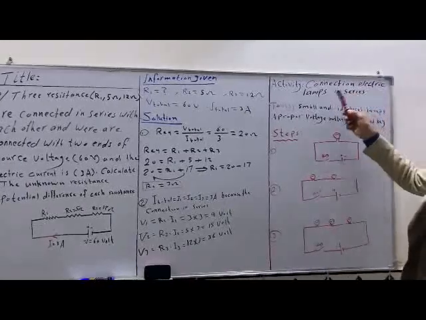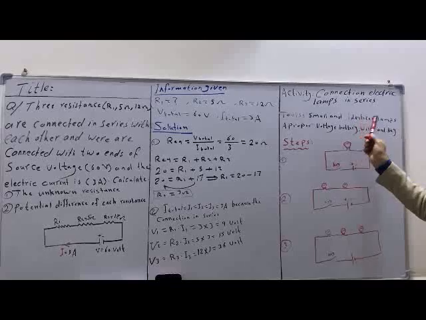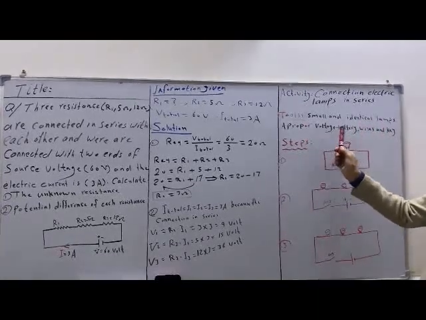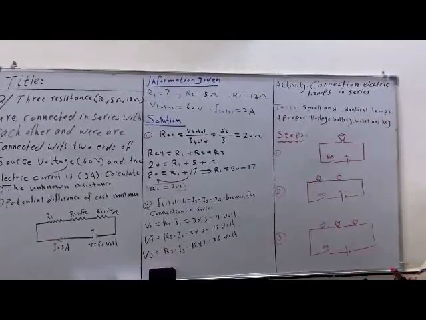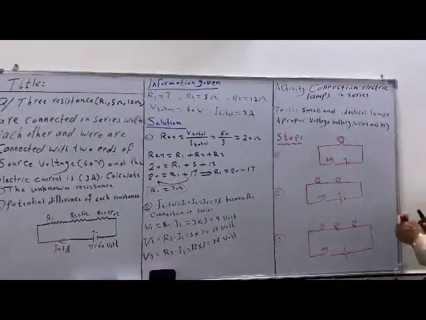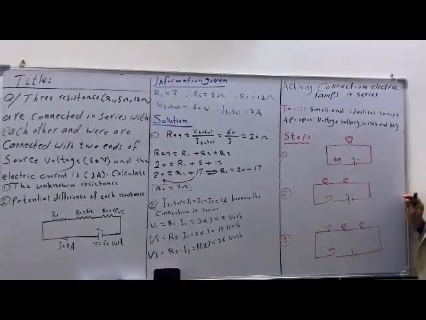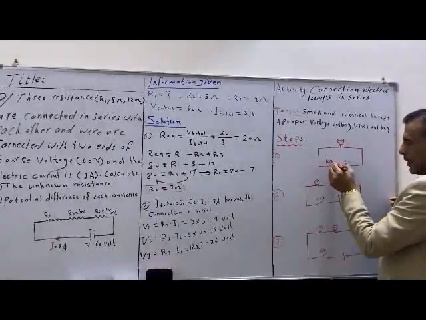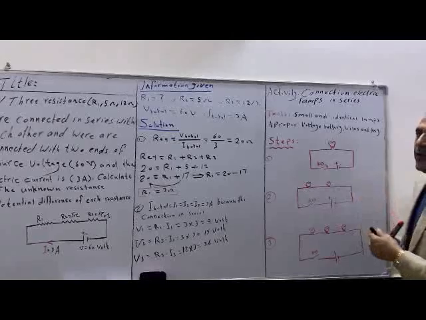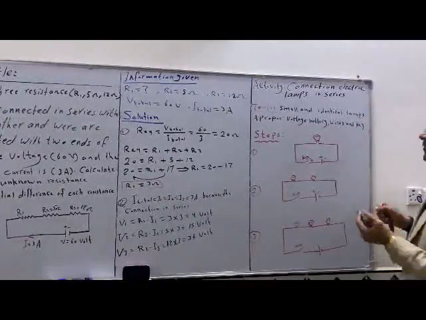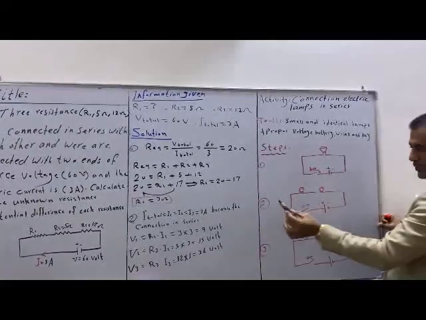Connection of electric lamps in series. Tools: small and identical lamps, a battery of proper voltage, wire, and cable. Steps. Number 1. Connect one of the 3 lamps with the battery and electric cable. When we close the electric cable, the electric current flows in the circuit, and we observe the lamp glows. 2.